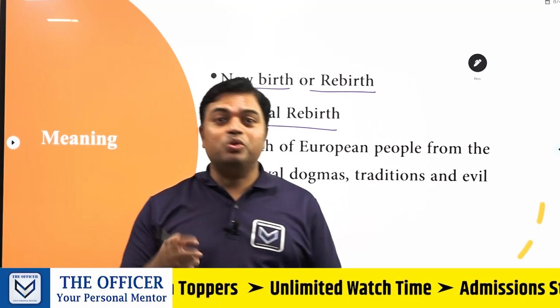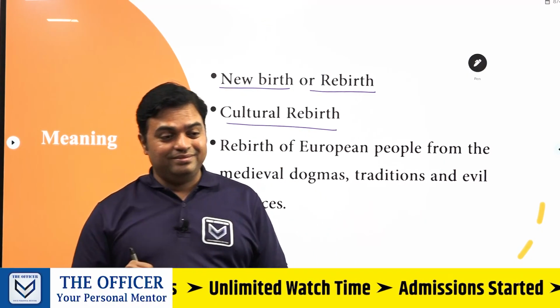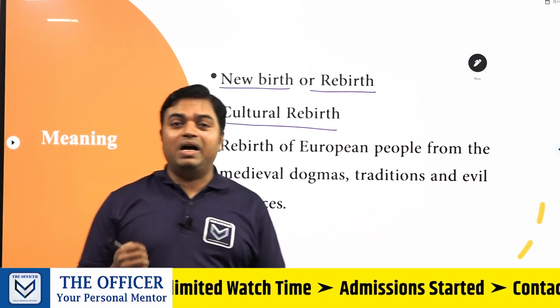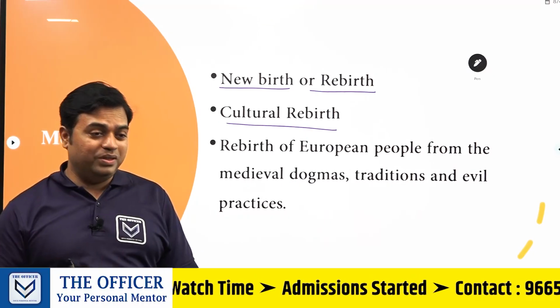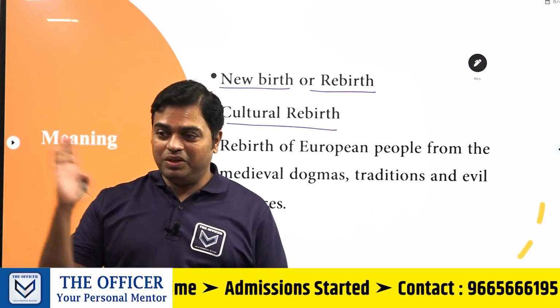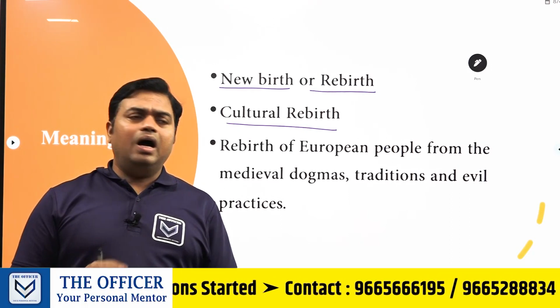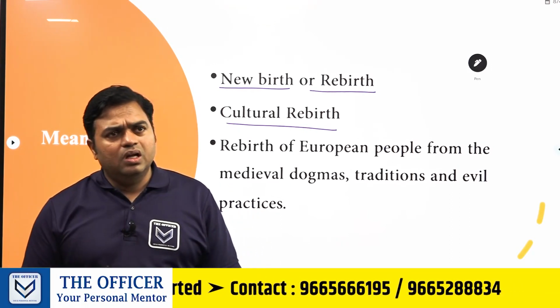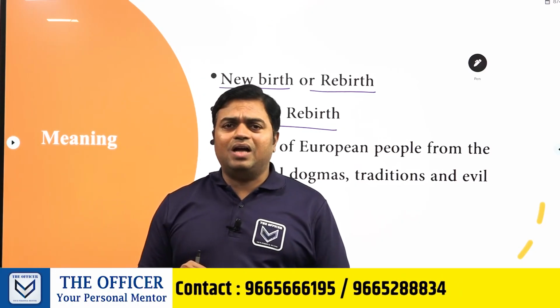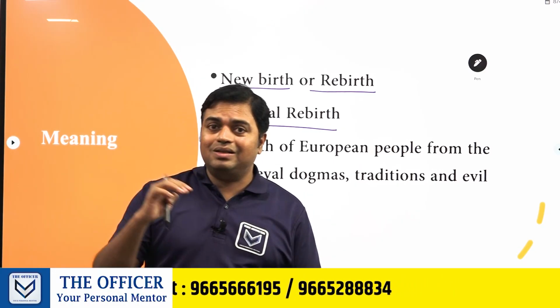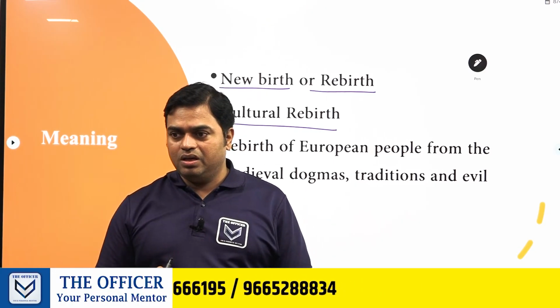The Pope was the supreme authority, and the king had to abide by the advice of the Pope. That was the situation in the medieval era, correct? And all these things started to be challenged during the time of the Renaissance.